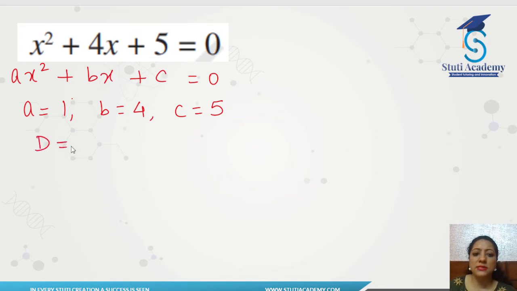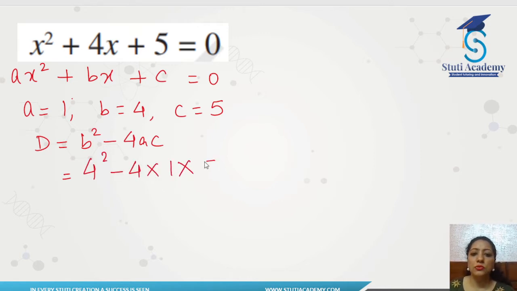So the discriminant is given by b square minus 4ac. With the help of the discriminant, we will check whether the roots exist. So we have b, that is 4 square minus 4 into a into c here. So that is now 16 minus 20.